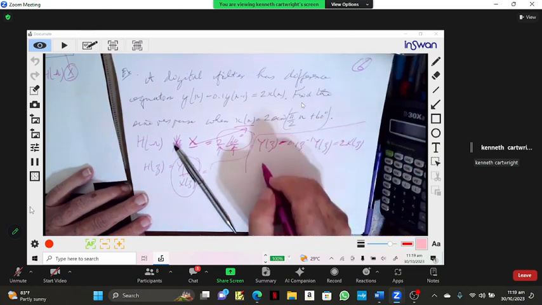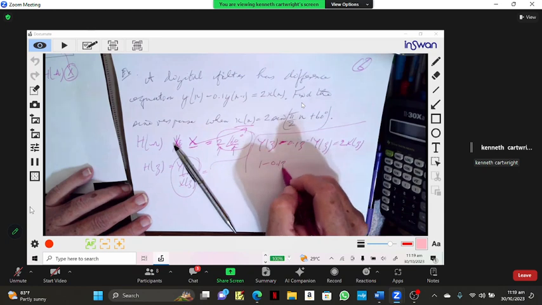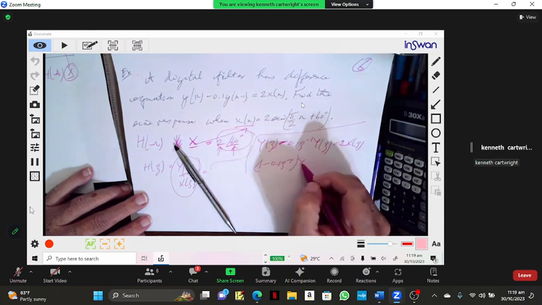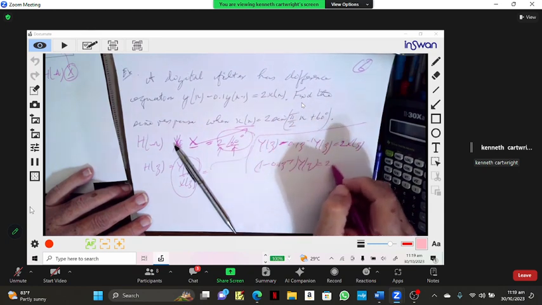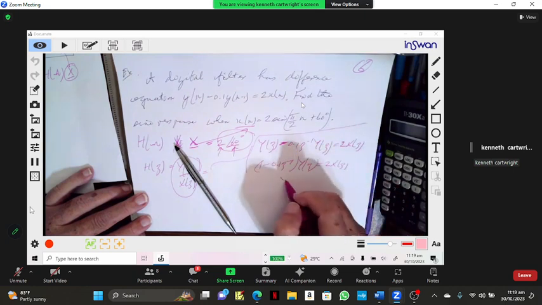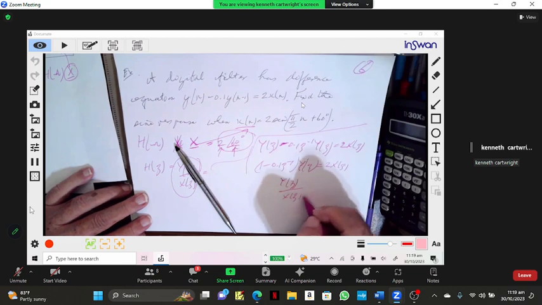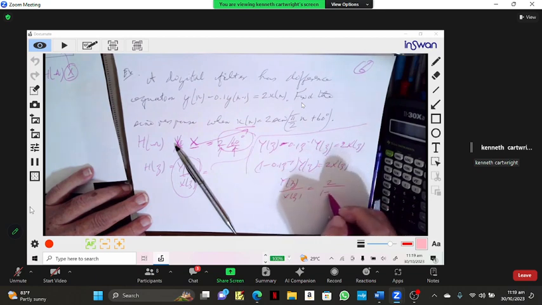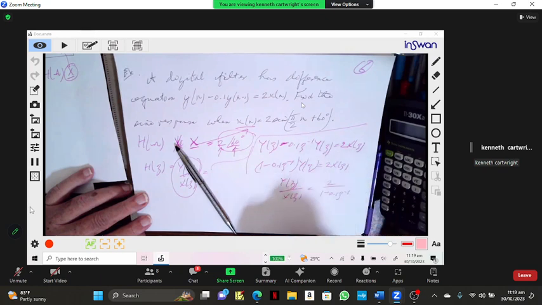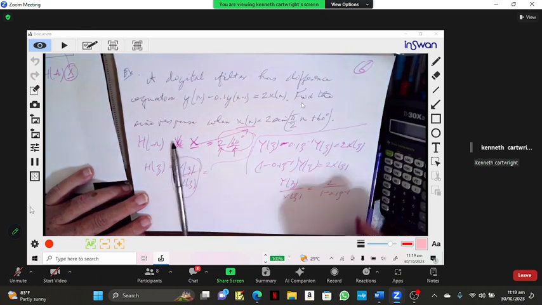Collect like terms: Y of z minus 0.1 z to the -1 Y of z equals 2X of z. So Y of z over X of z is 2 over 1 minus 0.1 z to the -1. There it is. There's your transfer function.